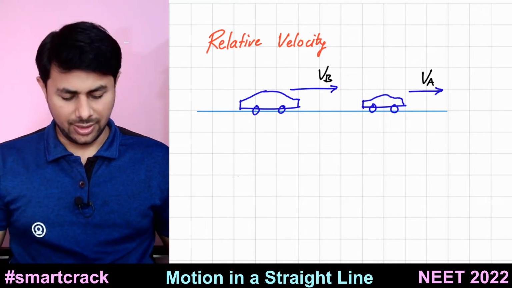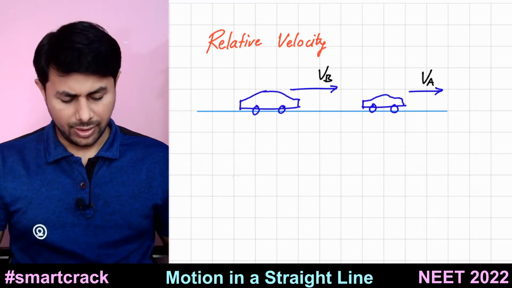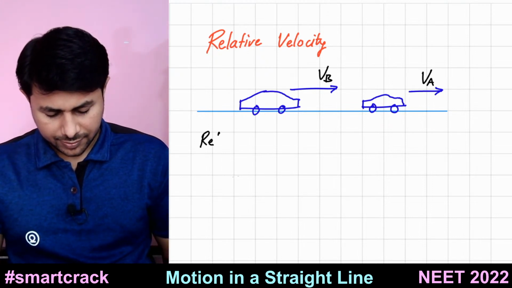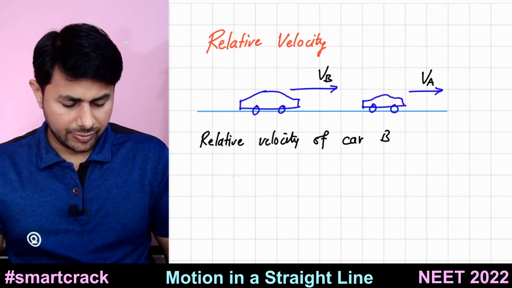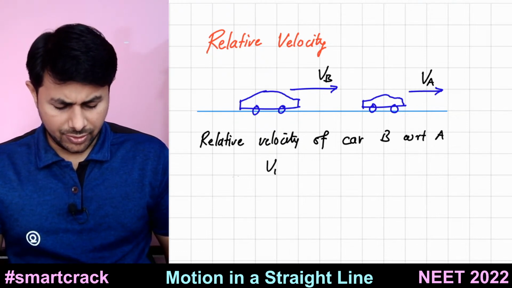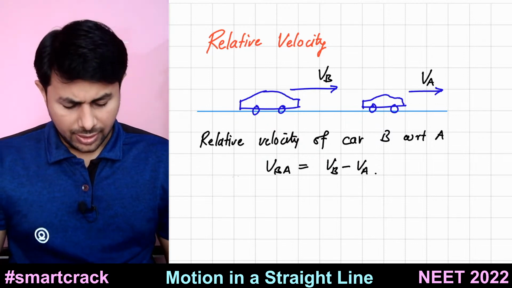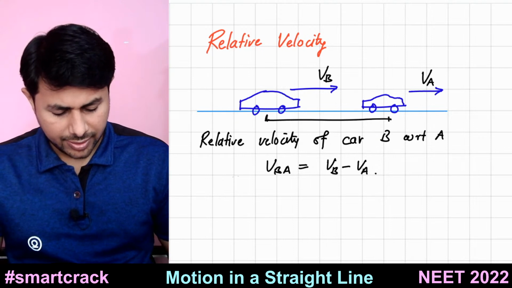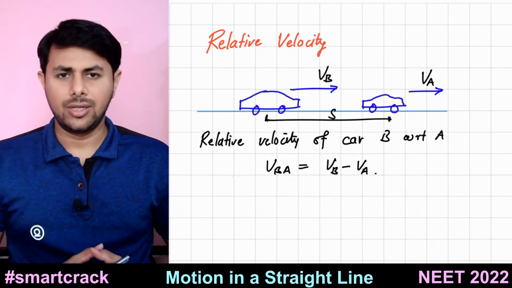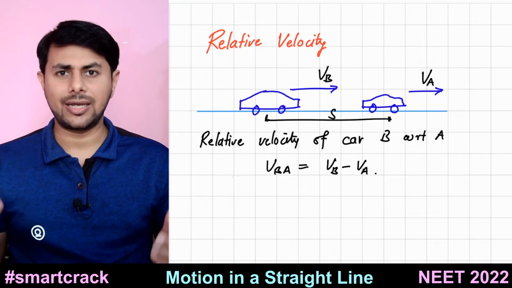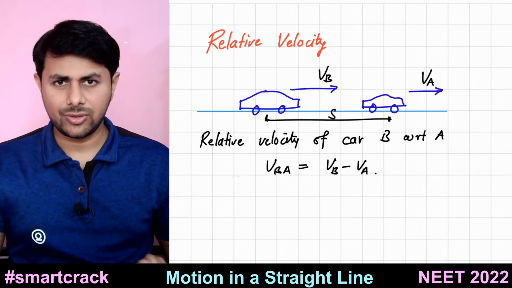So what is relative velocity? Let's suppose there are two cars moving on a straight road, car A and car B. The relative velocity of car B with respect to A is denoted as VBA, and it is just velocity of car B minus velocity of car A. Suppose at some time the relative distance between the two cars is S. Now if velocity of car B is more than velocity of car A, in some time t car B will overtake car A. So how can we find that time?